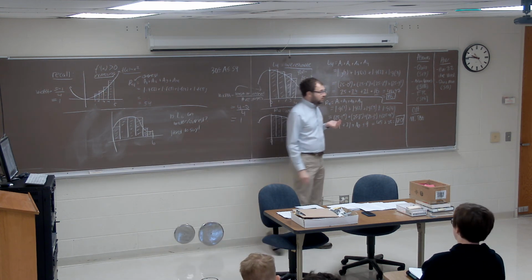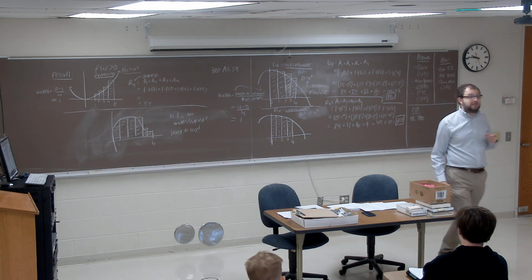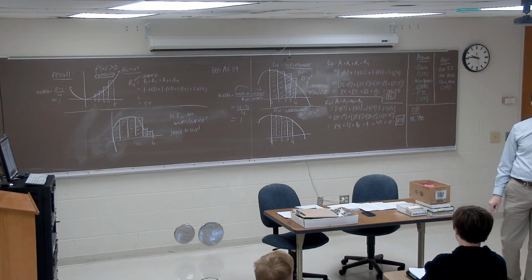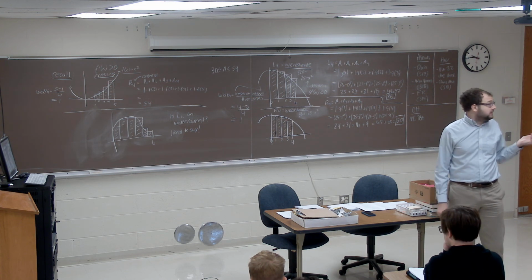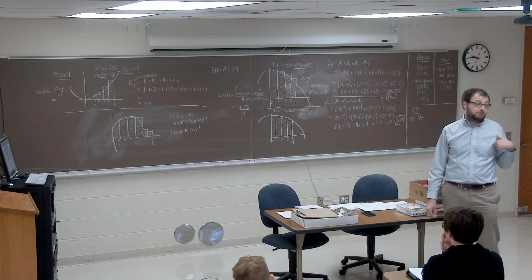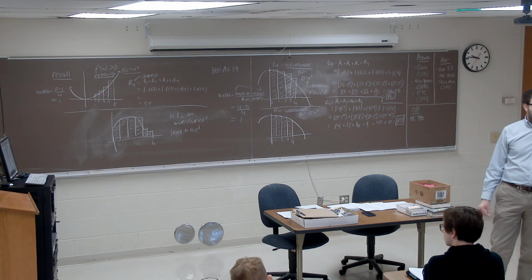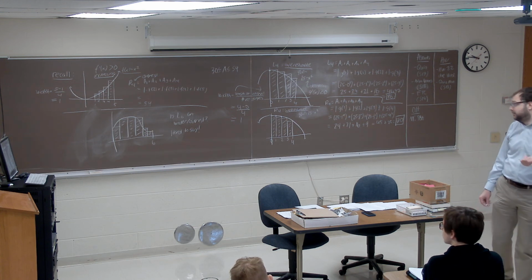So the moral of the story is, if f prime is always positive or always negative over the interval that you're looking at, then you can say for sure whether Rn and Ln give over versus underestimates.